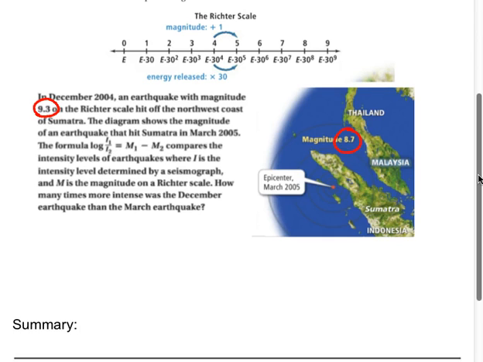Well, let's take a look at this. So log of comparing the intensities is going to be 9.3 minus 8.7. So the difference in their magnitudes is 0.6, okay?